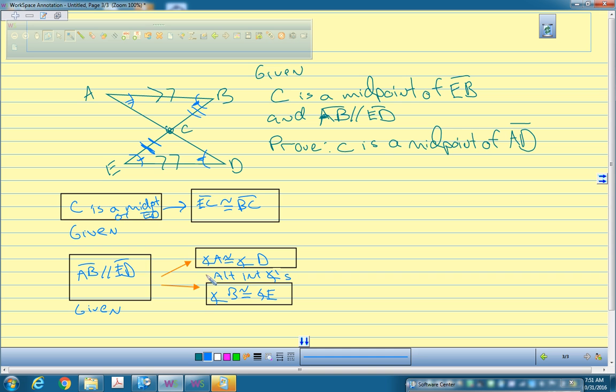You should really say, if two lines are parallel, then the alternate interior angles are congruent. So for both of these, same reason.